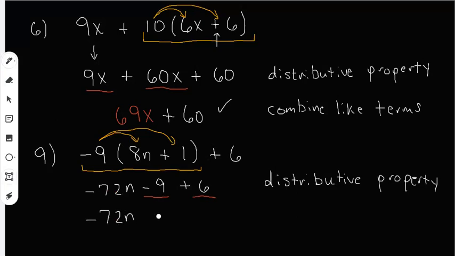There's no other term that ends with a variable, so this isn't going to combine with anything. But the regular numbers are going to combine. What's negative 9 plus 6? Negative 9 plus 6, that's going to be negative 3. And I'm done. So for this step, what did we do? We combine like terms.